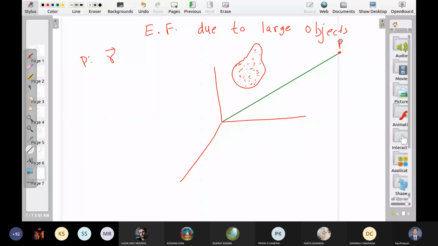So how do I locate P? Using its position vector, vector R. How do I define this object? This object consists of many small charges. So for the object, let us say the charge density is rho.